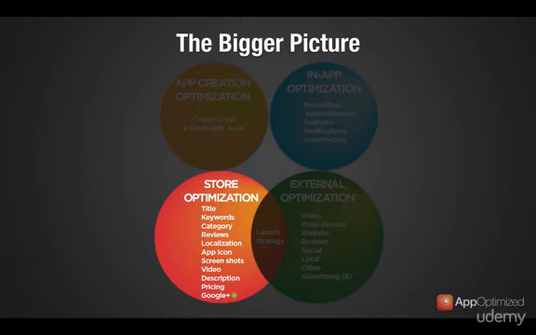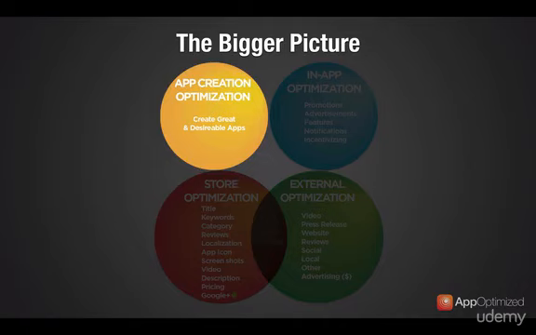The yellow circle is where everything starts, with app creation optimization. That's where you would come up with an idea, validate it, refine it, and then create a great and desirable app. That's the first step in creating an app that is successful, so the creation part comes first and foremost before anything else.